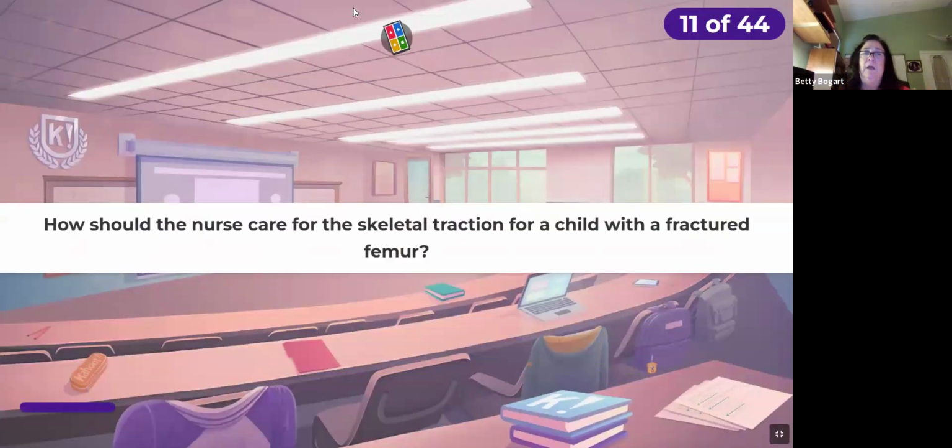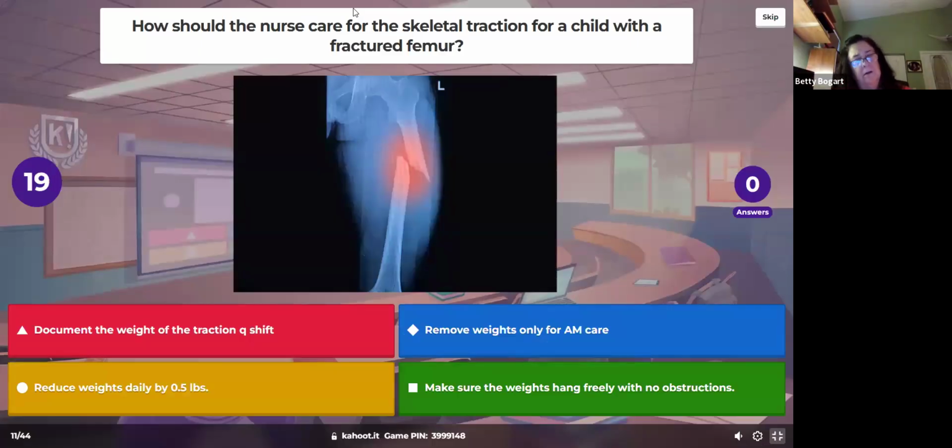A multi. How should the nurse care for the skeletal traction for a child with a fractured femur? What's your job? What do you need to do? What is your nursing care? You have traction going on.